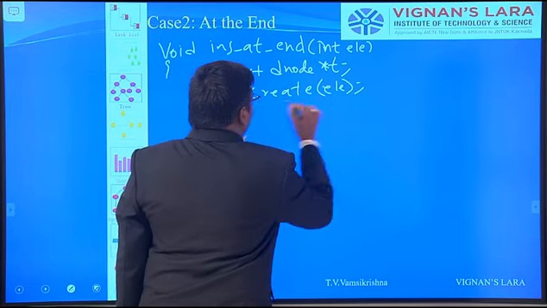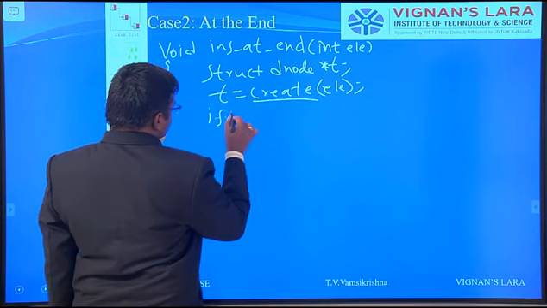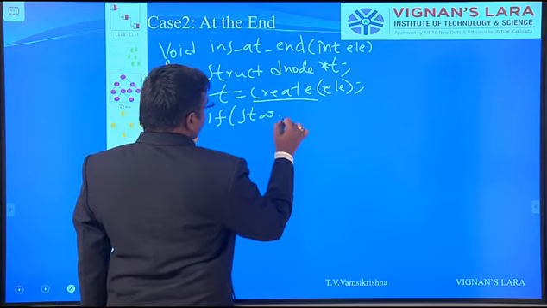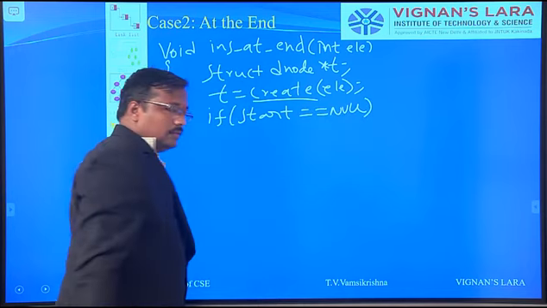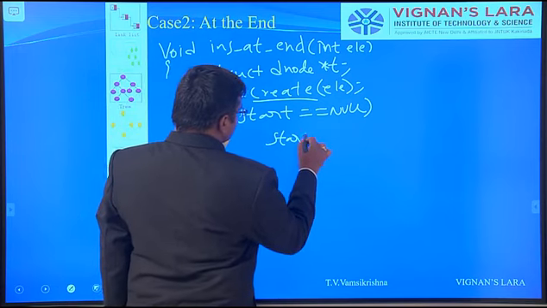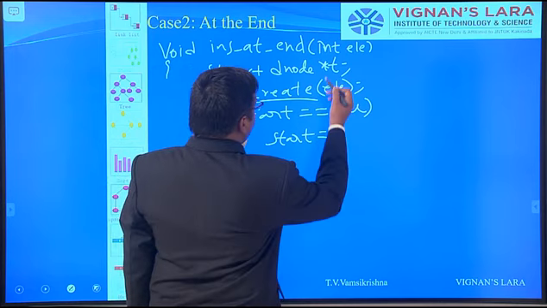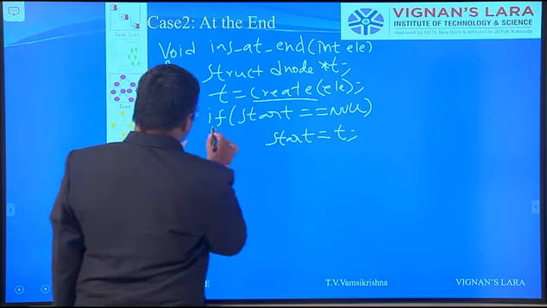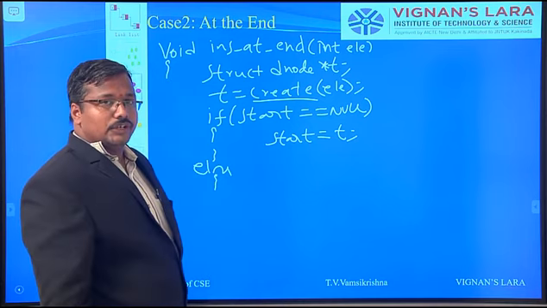For that I am calling the create function. Again the first case is common: if start equal to null, the first node is the last node, so start is equal to t. This does not change. In the else case, change.